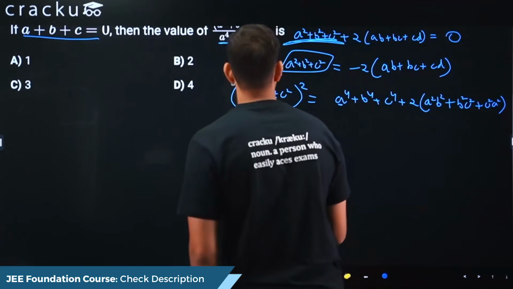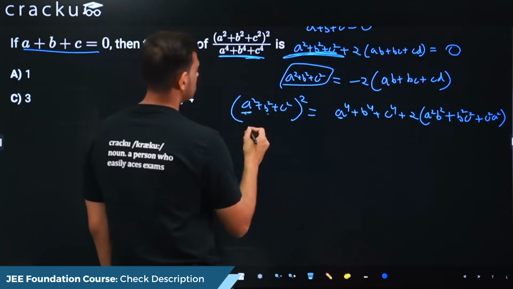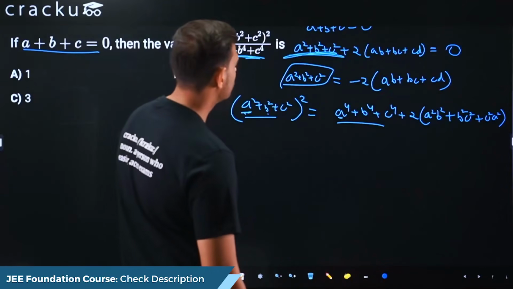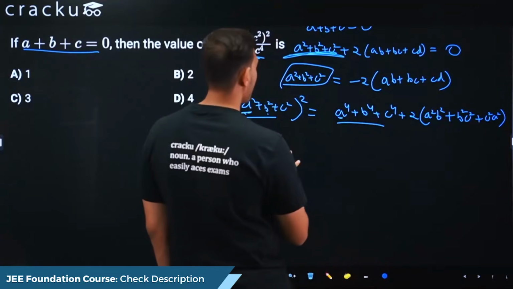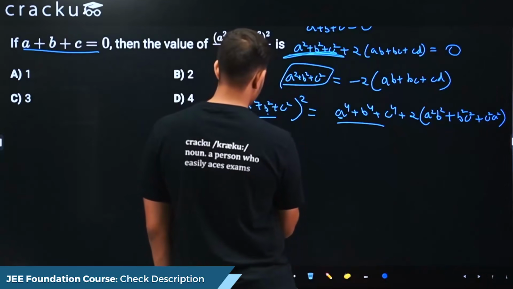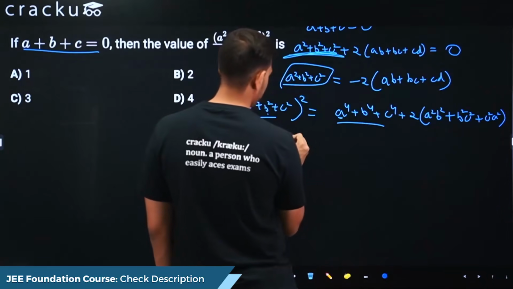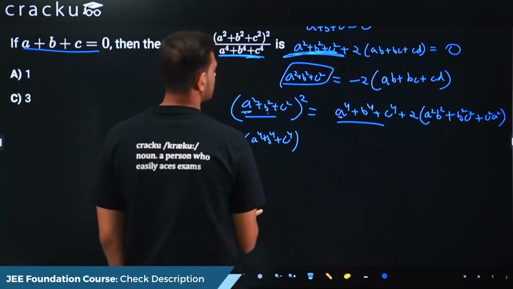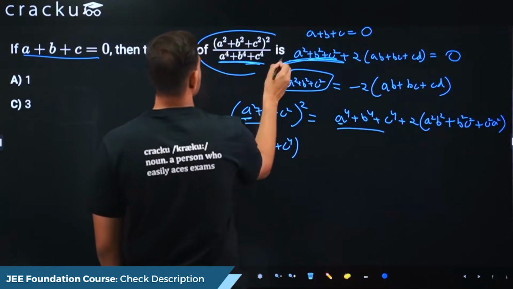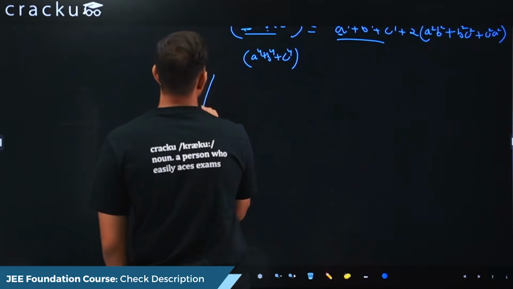Okay. Now I got both of these values in one equation. What can I do? Okay, I'll just divide the whole equation with a4 plus b4 plus c4. I'll divide both LHS and RHS with this. If I divide LHS with this, I get this expression. Let us say the expression is x.